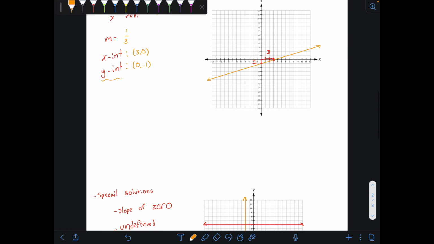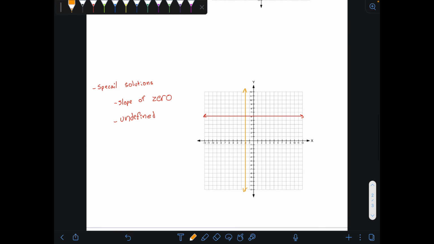Okay, so now let's just do a few special solutions here. And as we can see, here we have our two lines that you can't really find the rise over run of. Well, why not? So for this line, our line that goes from left to right, why can't we find our slope?